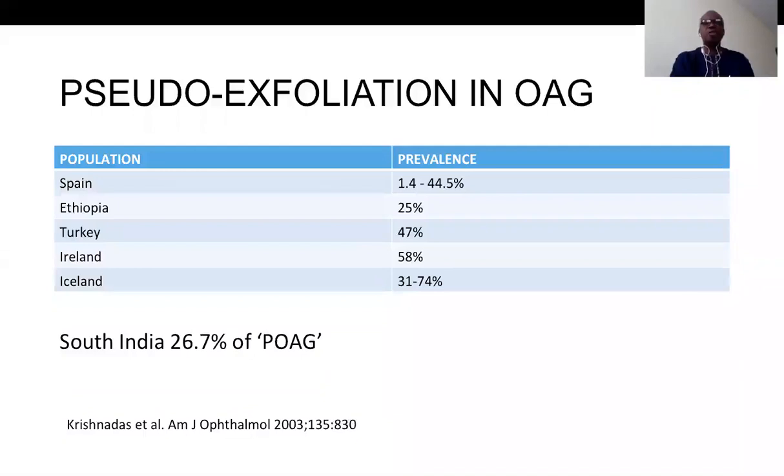Now, pseudo-exfoliation in open angle glaucoma is estimated as follows in various studies across the world. And of note is that in South India, up to 26.7% of people that were previously labeled as having primary open angle glaucoma were found to have pseudo-exfoliation glaucoma.